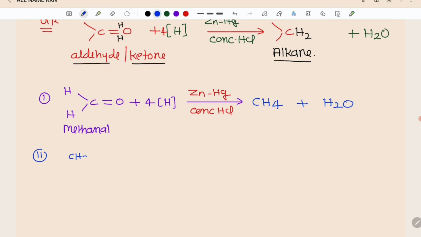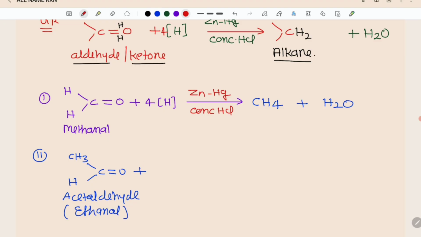Now we take another example. Here we have taken acetaldehyde, and its IUPAC name is ethanal.